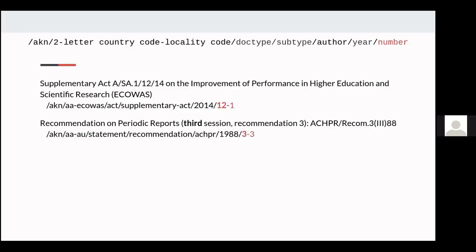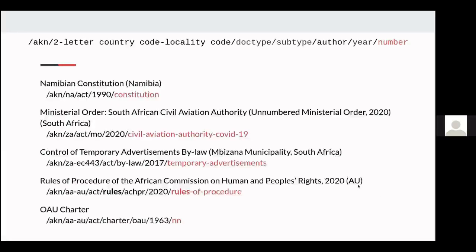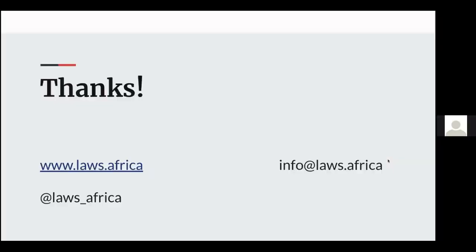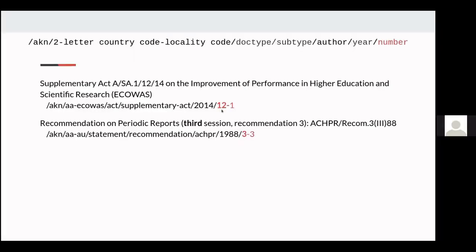And so I touched briefly on when something doesn't get included here with the chapter numbers. But when we can include extra information, we do. So for these supplementary acts in ECOWAS, their existing naming convention includes the month in the document reference. So because we always have the month available, we do include it.